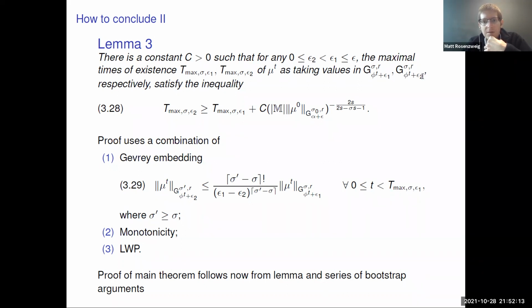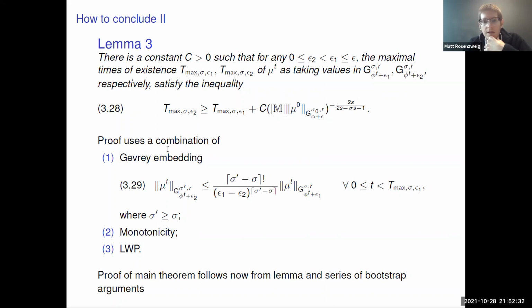T plus epsilon2 corresponds to the lower Gevrey index. What this is saying is that if I decrease the Gevrey index arbitrarily, I am increasing the size of its maximal lifespan by a fixed amount. The amount that I'm increasing does not depend on the relation between epsilon2 and epsilon1.